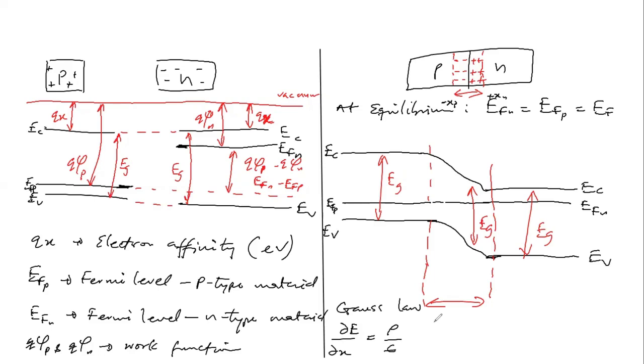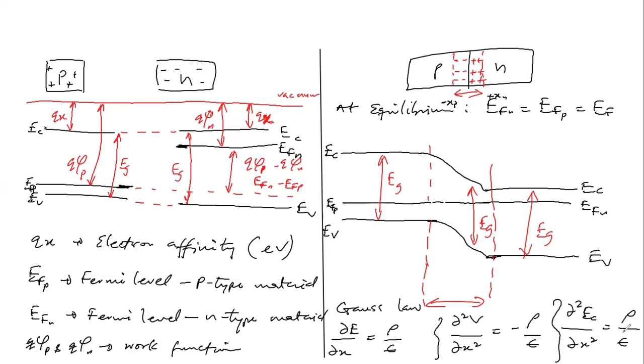Okay, so E is the electric field here. Or better still, in terms of the potential, d squared V over dx squared is the same as negative rho over epsilon. Okay, and then this is about the same as saying d squared V over dx squared is the same as rho over epsilon. Okay?